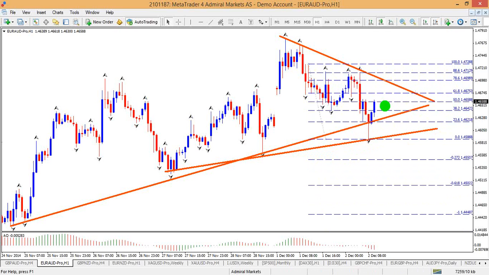And with any of these fibs, we're actually going back to resistance. The 618, 786, the 50 fib, all of these could actually be entries with a stop loss above the 100% level and a target at the minus 618.